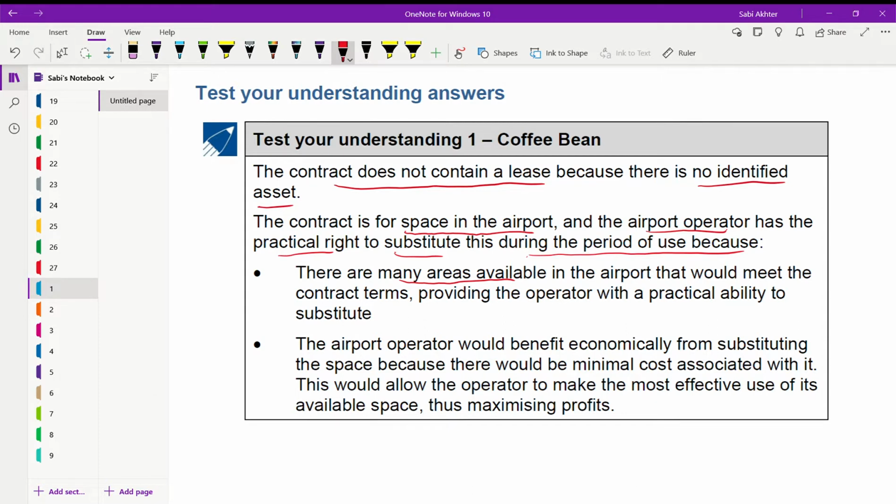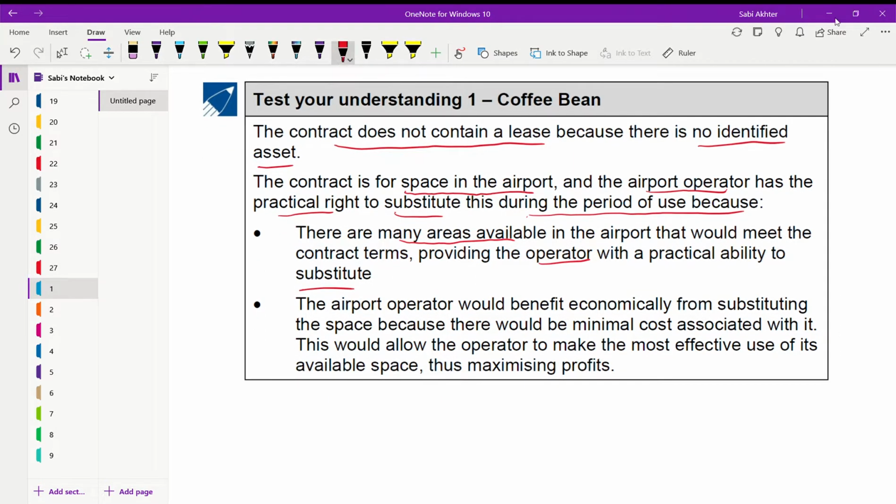So even if the airport operator does not give that area to Coffee Bean, there are so many other areas which can be used for the contract, right? That provides the operator with the practical ability to substitute. The airport operator can substitute easily.